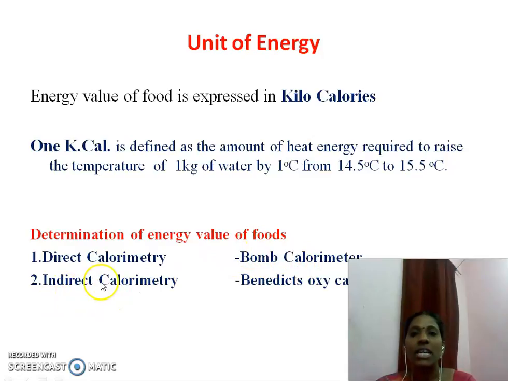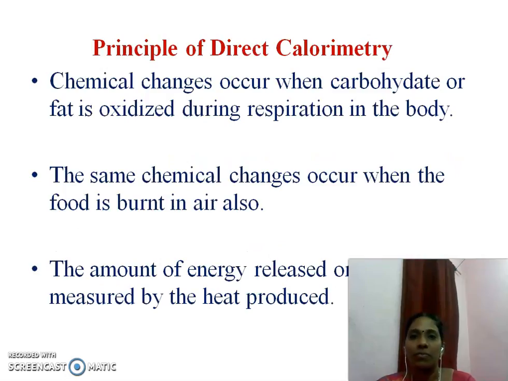The next one is indirect calorimetry. Instruments like Benedict's oxycalorimeter are helpful to determine the energy value of food by indirect calorimetry. In this session, we are going to see the direct calorimetric method, that is, the instrument which comes under the direct calorimetric method is the bomb calorimeter.